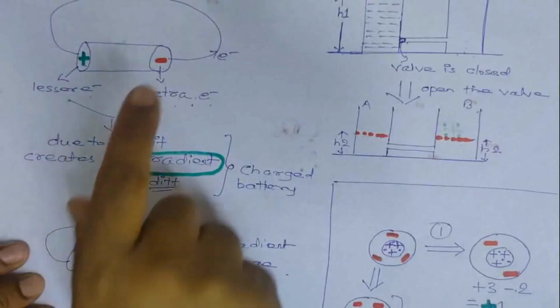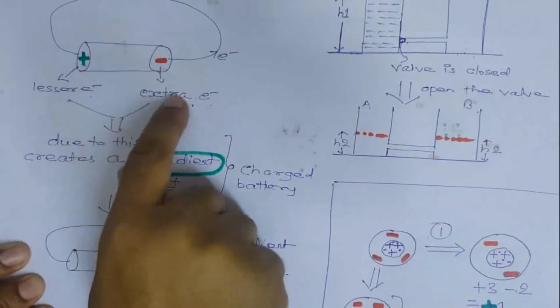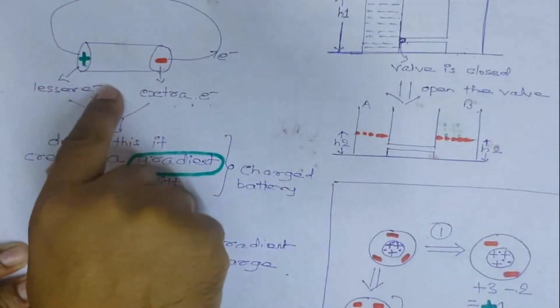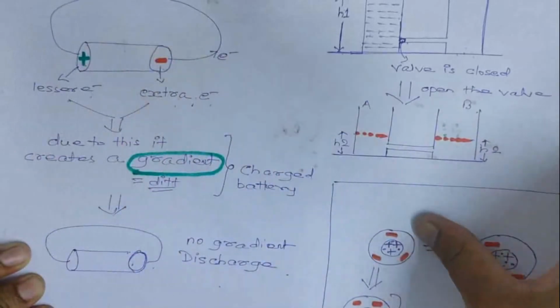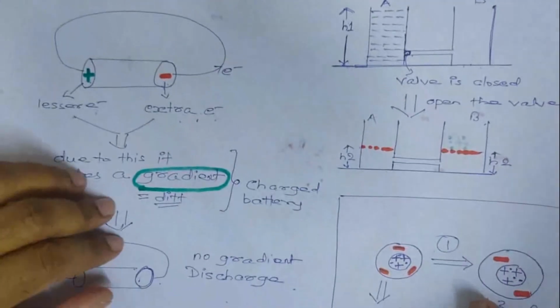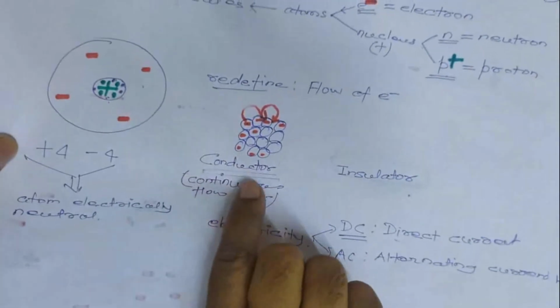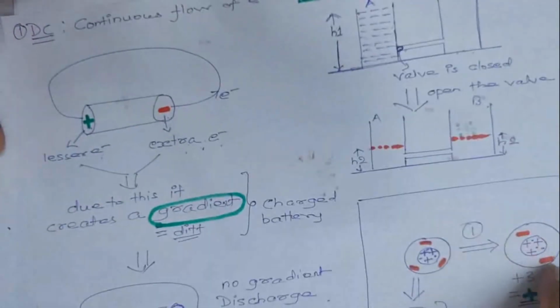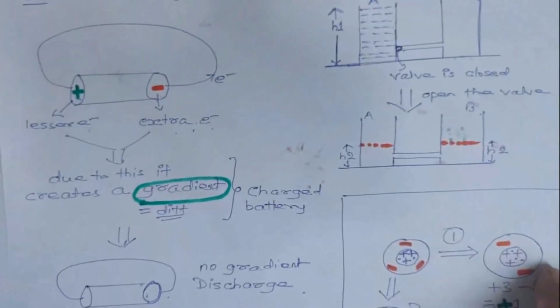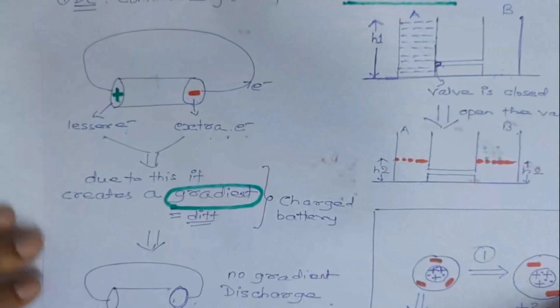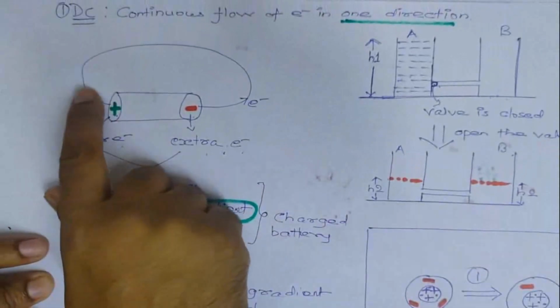Only then will electrons be able to flow from one terminal to another terminal. Of course, we require a conductor. You must remember, a conductor is something which facilitates the flow of electrons. The electric wire which we use is a conductor. Okay, and this is how it works.